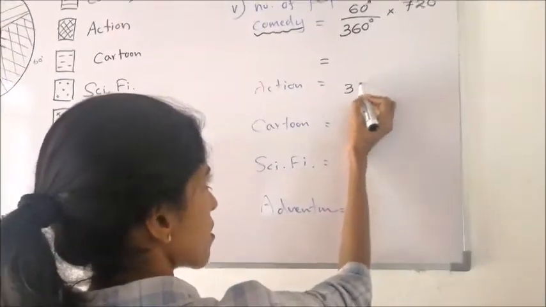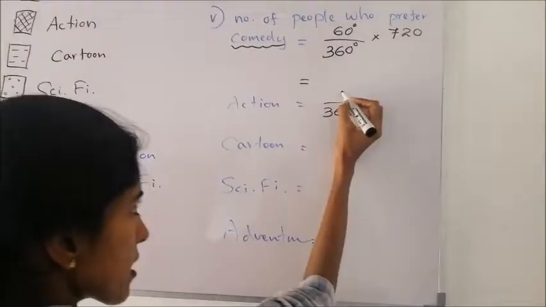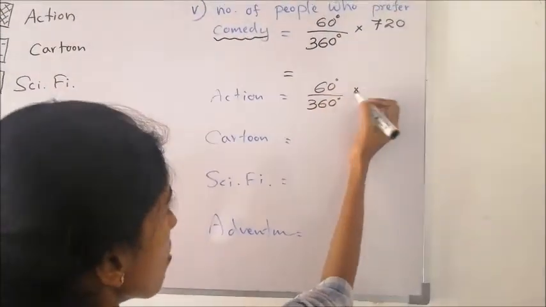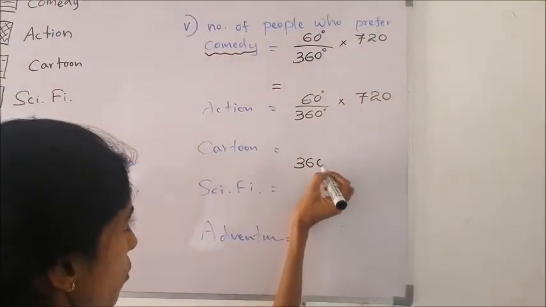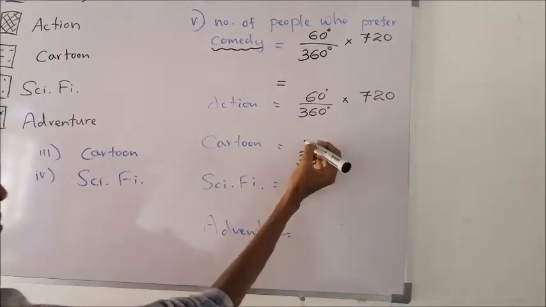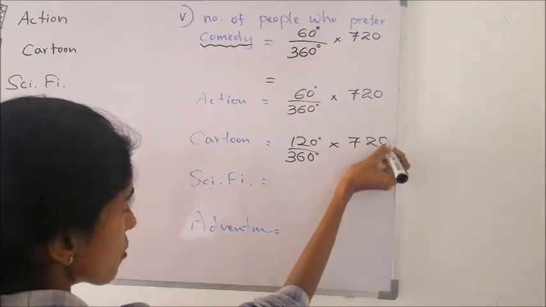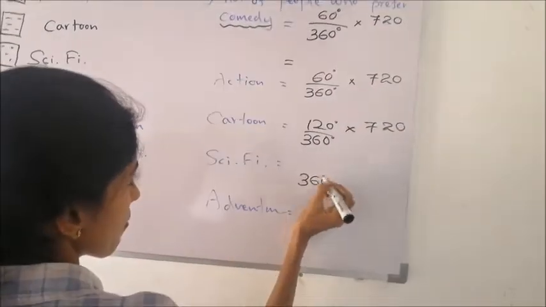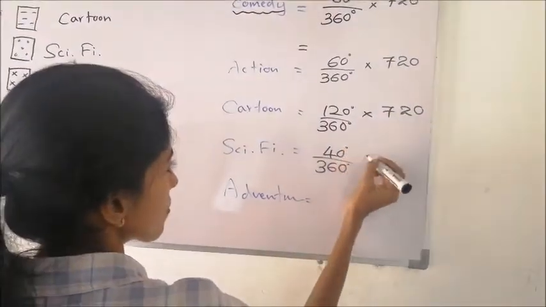Out of 360 degrees, for action movies the angle is 60 degrees, same angle, multiplied by 720. Again, out of 360, 120 degrees, multiplied again by 720. 40 degrees.